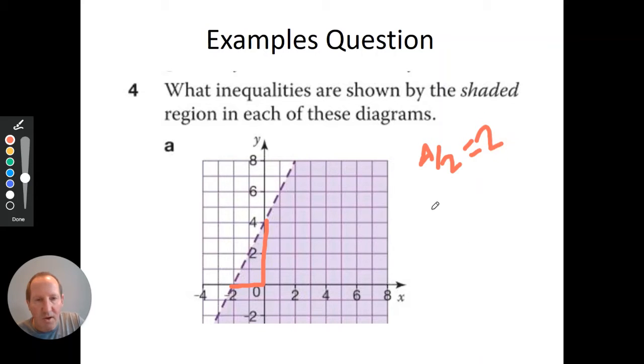That means in my inequality I'm going to have a 2x because the gradient is 2. Where's the intercept? The intercept there is at 4. So that means this line is representing the inequality, and I would suggest it's less than, because that's the shaded area below it. So y is less than 2x plus 4.